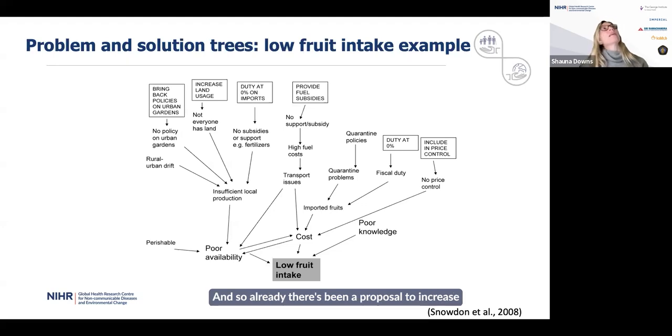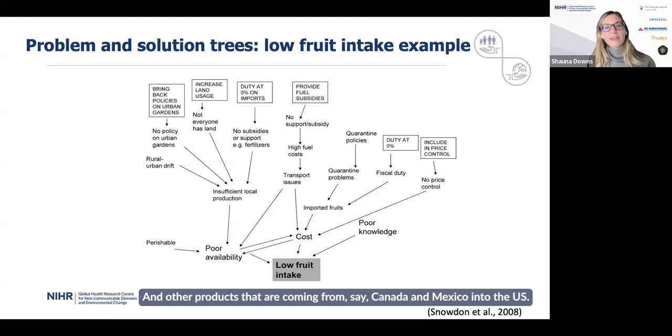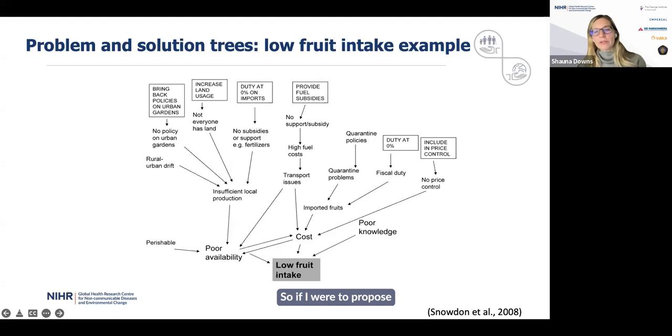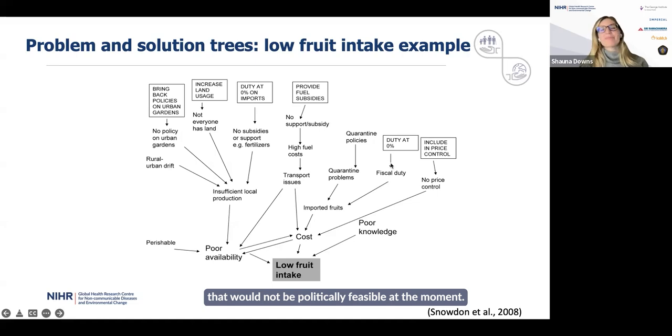Already there's been a proposal to increase tariffs on food and other products coming from, say, Canada and Mexico into the US. So if I were to propose, well, there are high food prices, so let's just reduce the duty to 0%, let's reduce the tariff, that would not be politically feasible at the moment.